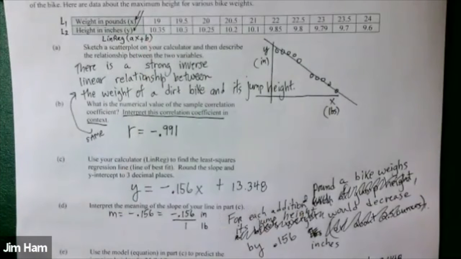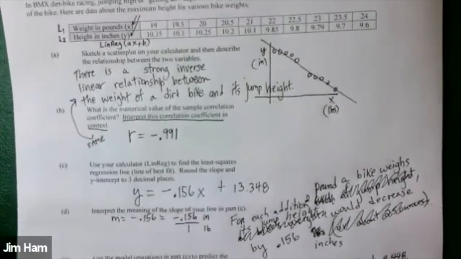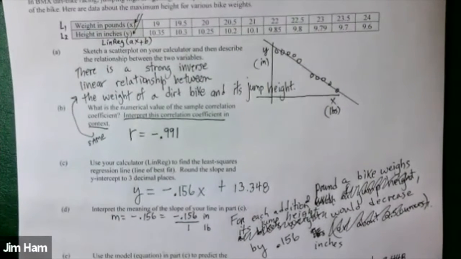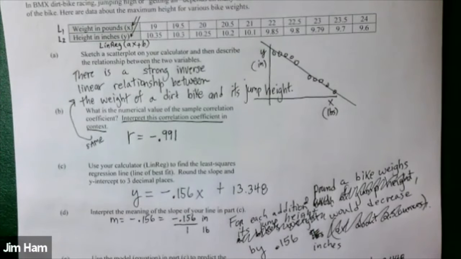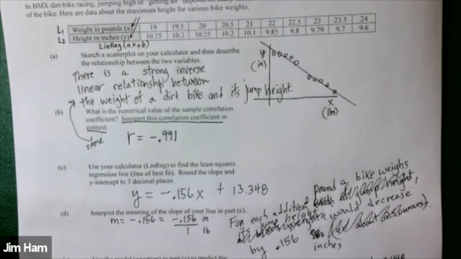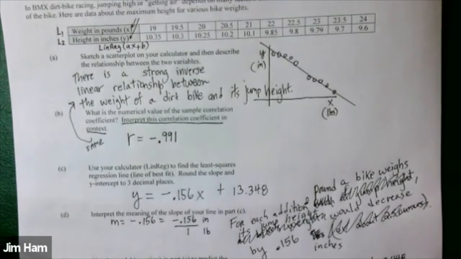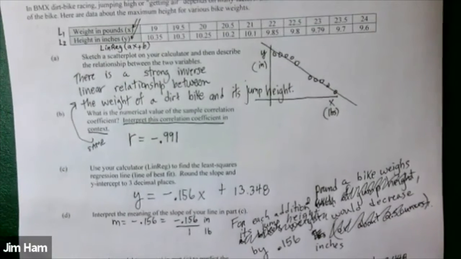That's not even 1 inch. So there's not a whole lot of change in the jump height for bikes of different weight. However, if you're an extreme biker, then that 1 little pound can make a big difference between winning and losing.